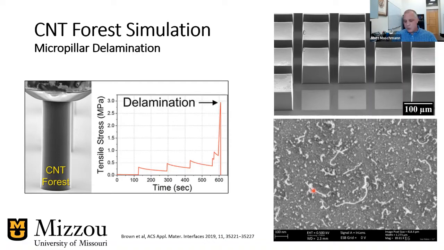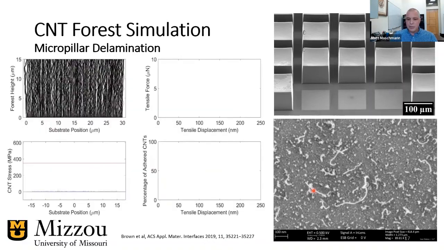This is a good application, I think, of our simulation. So we took it to the simulation and we did a growth. I forget exactly, but I think this was 3 or 5 times 10 to the 9th carbon nanotubes per square centimeter equivalent, which is what this recipe should yield. We just let it grow with the properties that we would expect of this kind of carbon nanotube. Then we were able to quite easily apply a tensile load to the top surface.